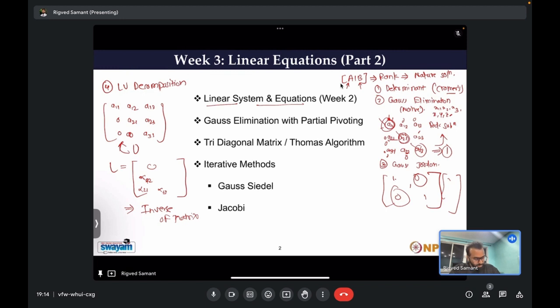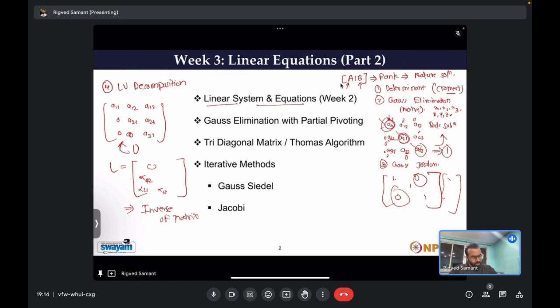That row would be taken as the first row. So if A21 is the highest element, we will swap R1 with R2, so that this will go here and this will come here. We'll see how to do that.